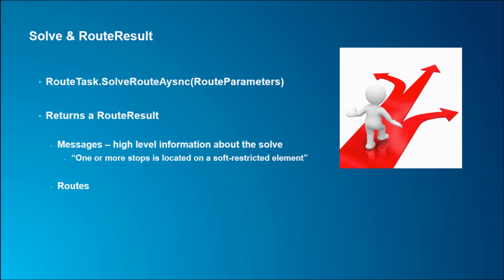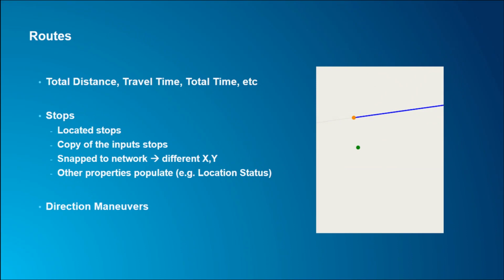And you also get back routes. And those routes can have multiple properties on them. It has distance, travel time, and total time. Those two differ with the fact that the total time can include waiting time based upon the costs that you've set up.